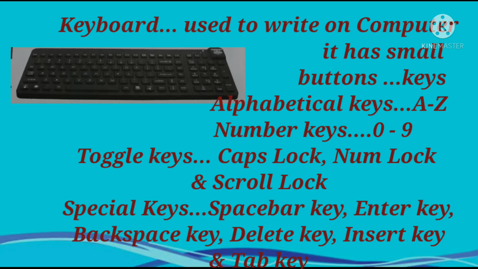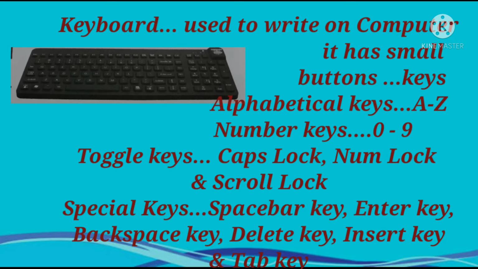We categorize the keys of the keyboard into various parts. The first are the alphabet keys, which are marked from A to Z. Next are the number keys, marked with numbers 0 to 9.